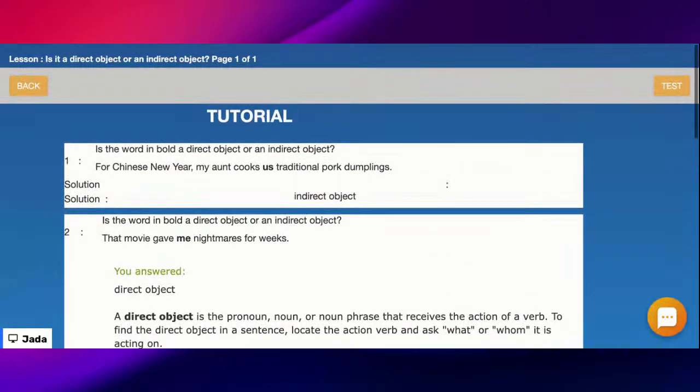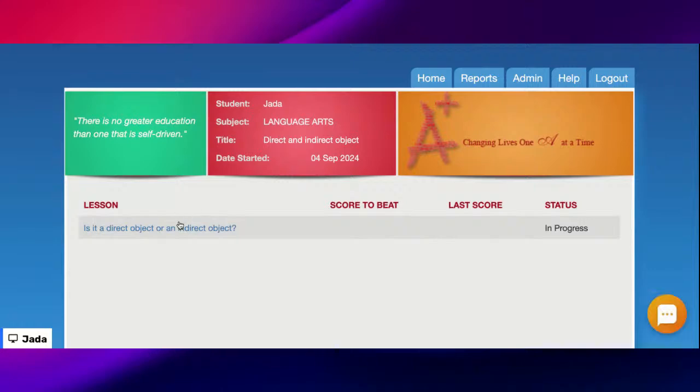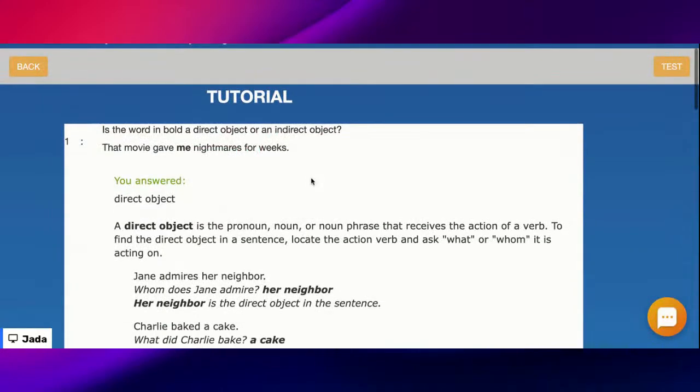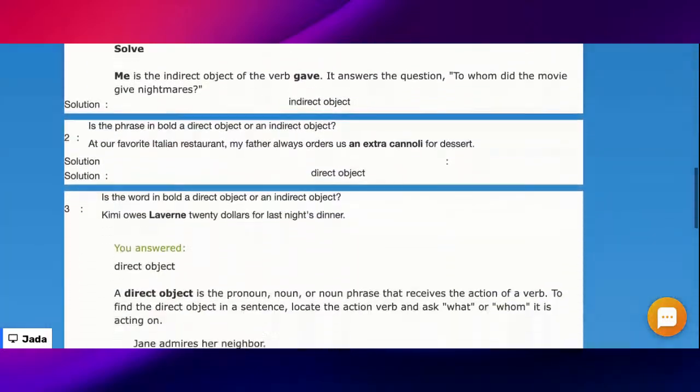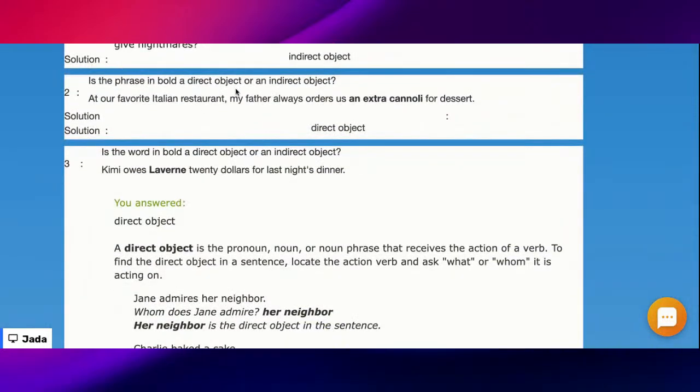So let's look at some more examples. Is the phrase in bold a direct object or indirect? At our favorite Italian restaurant, my father always orders us an extra cannoli for dessert.